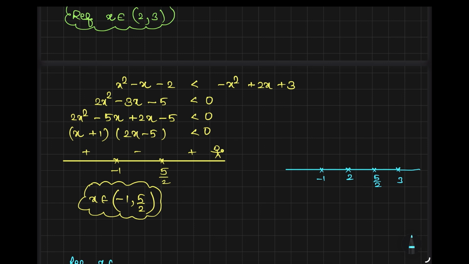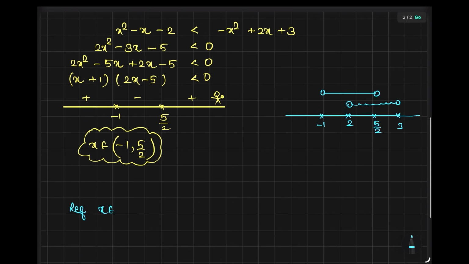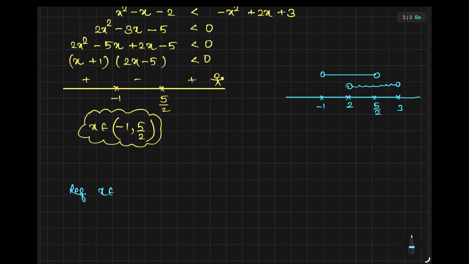Let's plot everything. So it is from this to this, this is the first green part, and minus 1 to 5 by 2 is the other part.